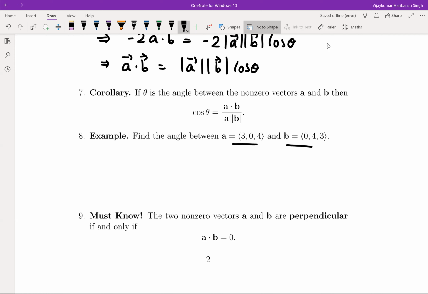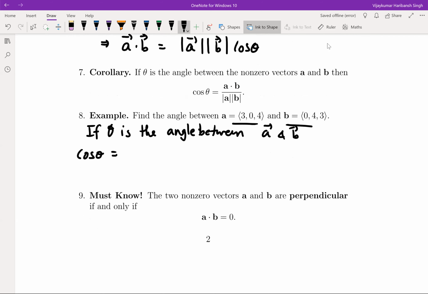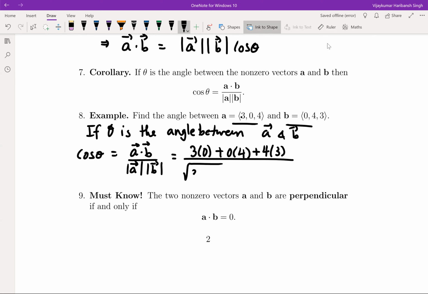If theta is the angle between A and B, then cos theta equals A dot B divided by length of A, length of B. So what is A dot B? 3 times 0, which is 0, plus 0 times 4, which is 0, plus 4 times 3, divided by length of A, which is square root of 3 squared plus 4 squared, times length of B, which is square root of 0 squared plus 4 squared plus 3 squared.